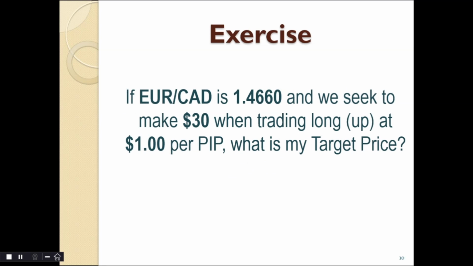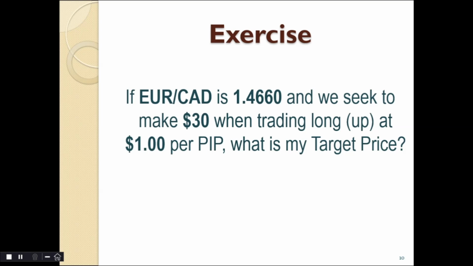Another exercise, if Euro CAD is 1.4660 and we seek to make $30 when trading long. Trading long here just means when we are going up or when we are buying, at $1 per pip. What is my target price?